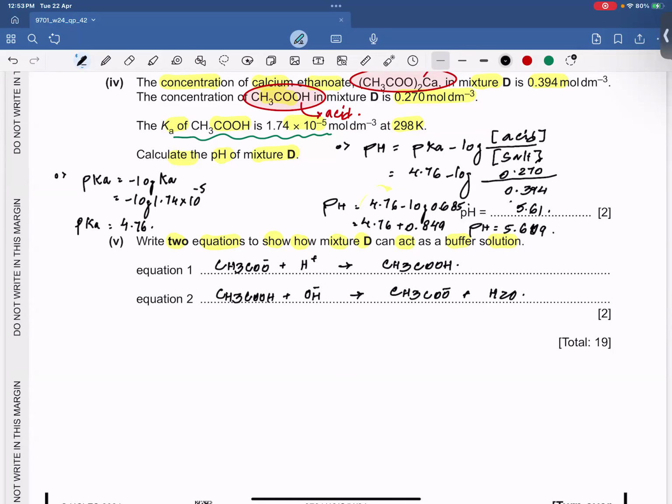Minus log 0.685. My goodness, how come 0.849 plus 4.76? I'm getting 4.92 now. I don't know. Hold on. 0.270 divided by 0.394. I'll get this amount, 0.685. Okay. Now minus log of the answer.